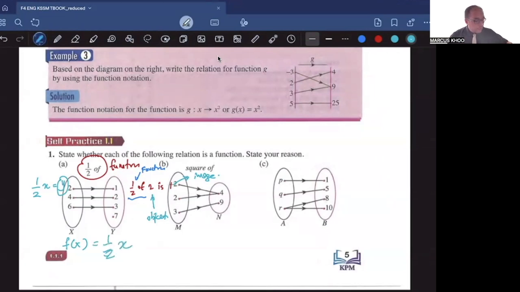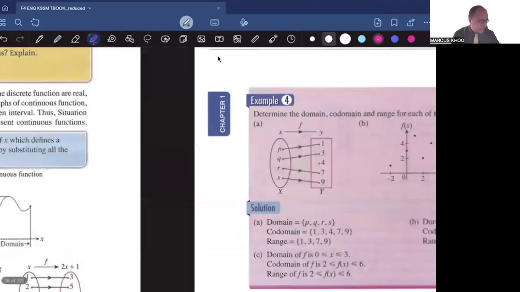What is important to remember about any function is that whatever is in this bracket here is the object. And in order to find the actual image, or the value of the image, you have to substitute the object into the function itself.